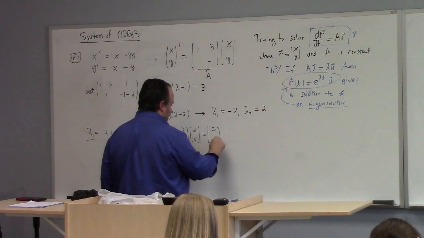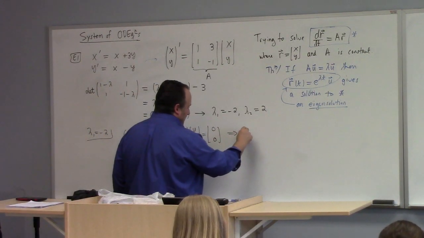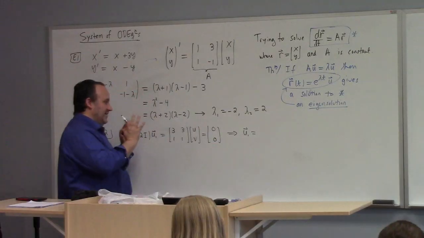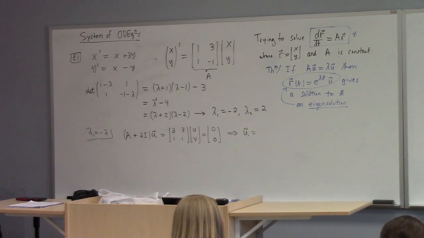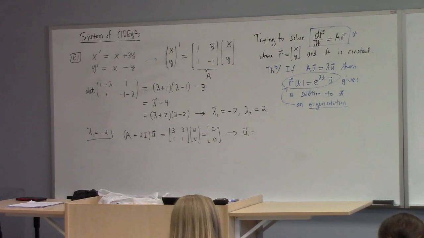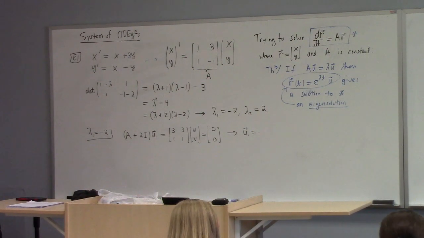All right, so you tell me, u1 equals what? What should I make my eigenvector here? 1, negative 1. Very good.